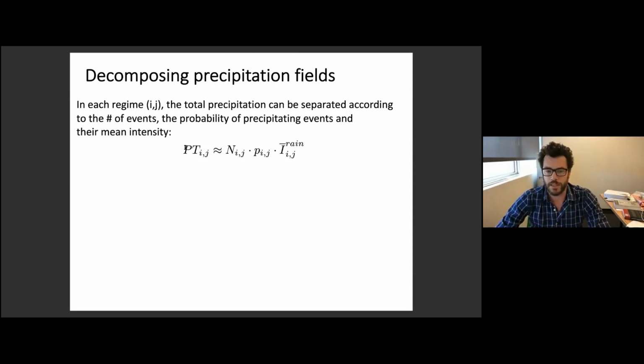Basically, the total precipitation in a regime can be approximated as the product of N, the total number of occurrences in that bin, P, the probability of having precipitation in the bin, and E rain, the mean intensity of the rain.